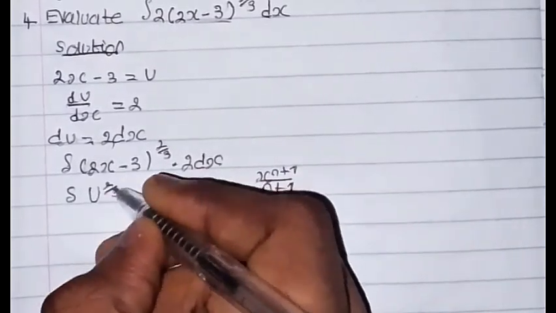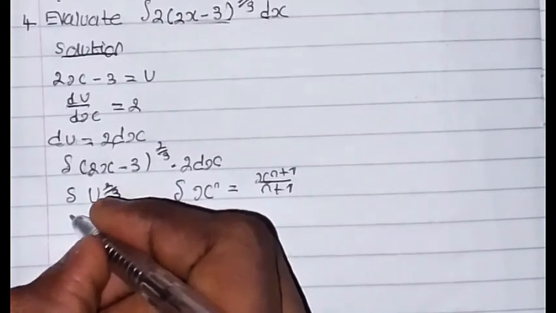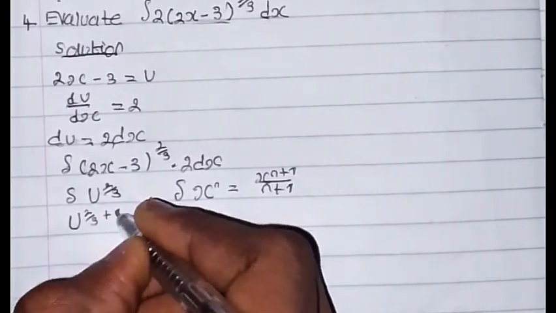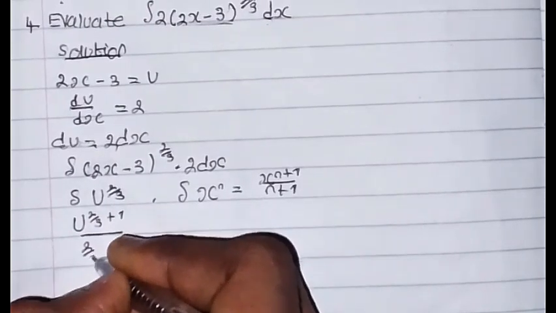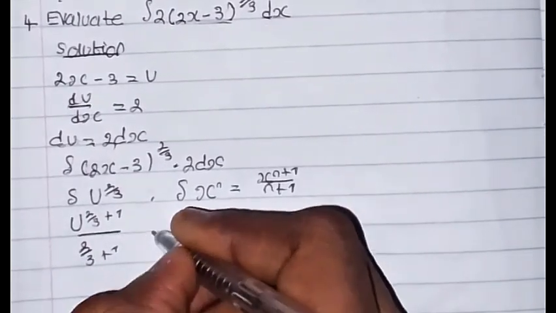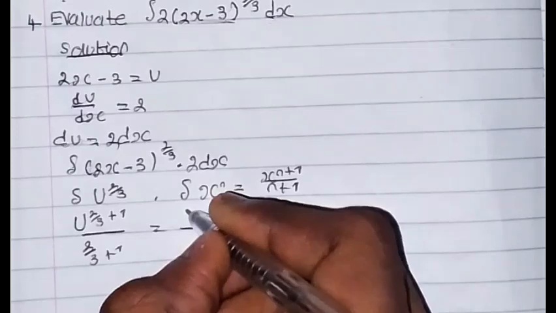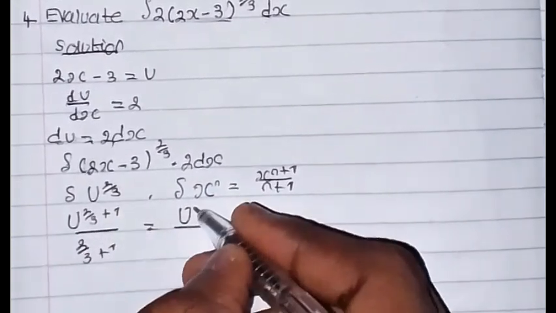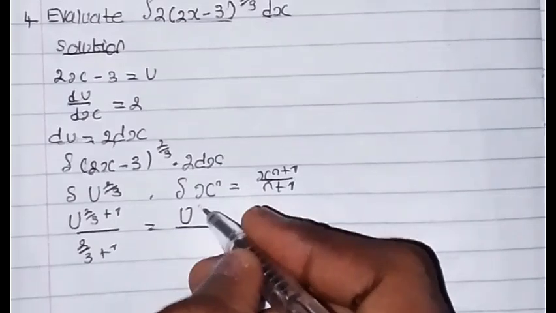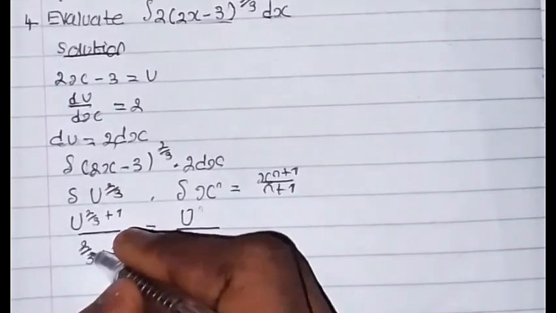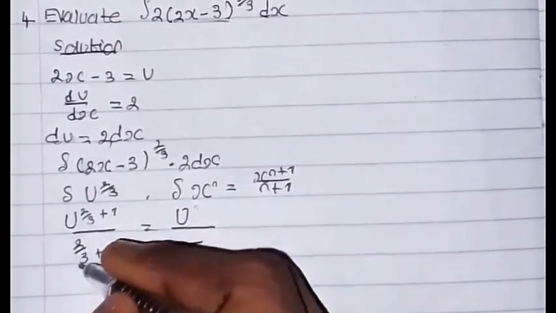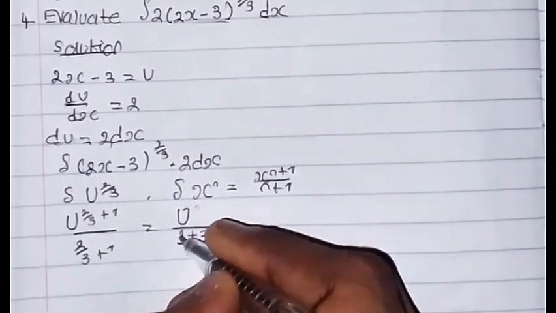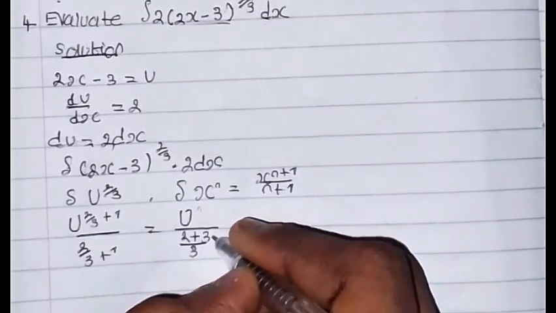So u to the power of 2 over 3 becomes u to the 2 over 3 plus 1, divided by 2 over 3 plus 1. Let's evaluate 2 over 3 plus 1 as the denominator. The LCM of 3 and 1 here is 3. Alright, so we have here 2 plus 3, which is equivalent to 5.